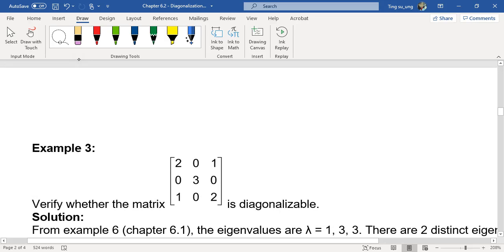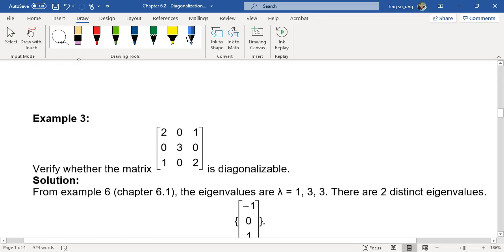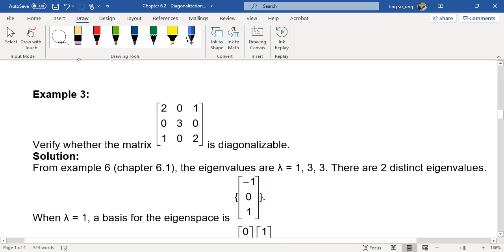So what does it mean? You have 2 distinct eigenvalues. If 2 distinct eigenvalues, how are you supposed to do? If you only identify the distinct eigenvalues, it is not necessarily not diagonalizable. So what you should do is go back to your eigenvectors.